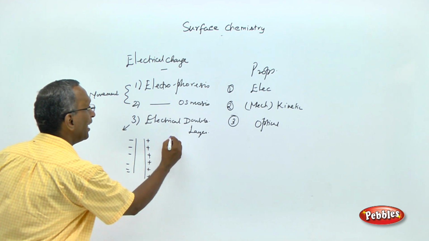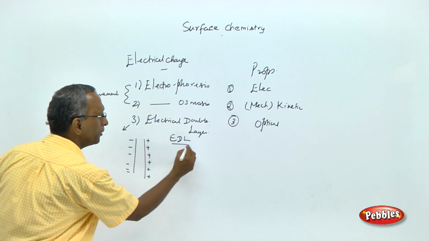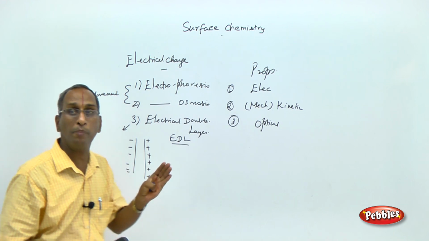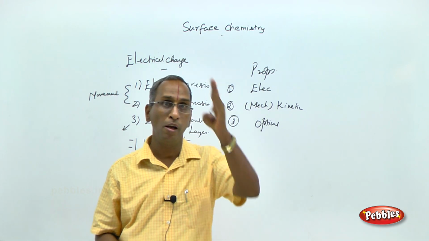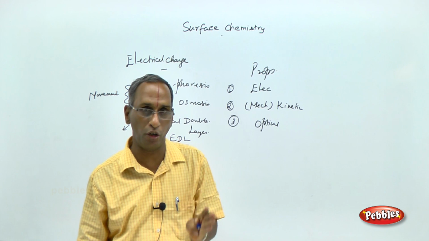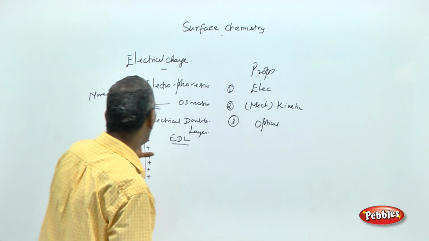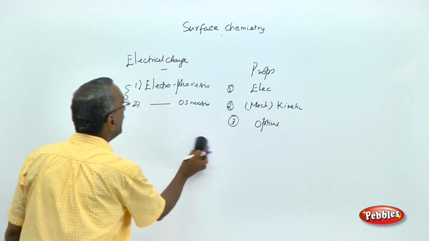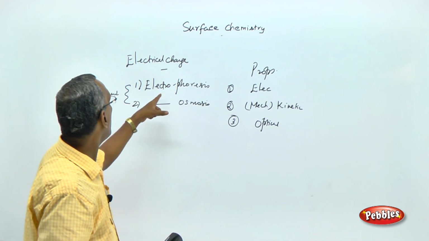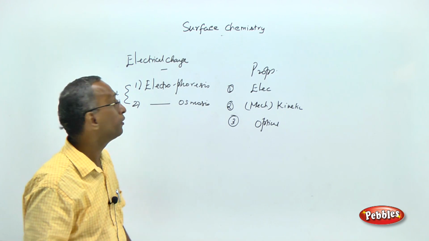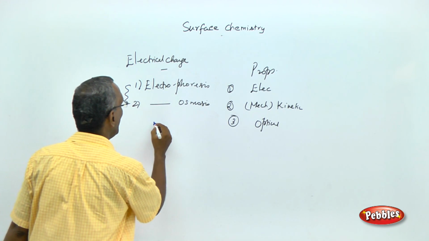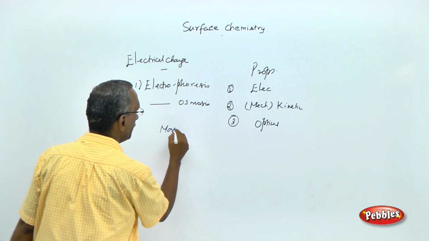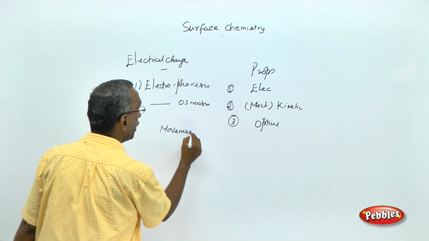This is called the electrical double layer, meaning the formation of a layer of one charge and an alternate layer of the opposite charge. This is a stationary phenomenon, whereas these others are phenomena of movement. If we give the definition of electrophoresis, the other definition you can write yourself.